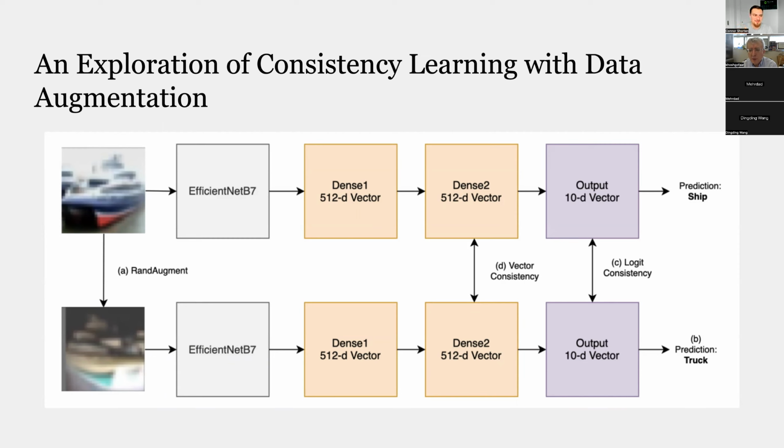Maybe I left out some important details, but RandAugment is like a sampling in a big space of augmentation. So you have like 15 augmentations and they have different magnitude parameters associated with them, and you randomly sample configurations of it to cover a large space. Is that the question? Yeah, okay.